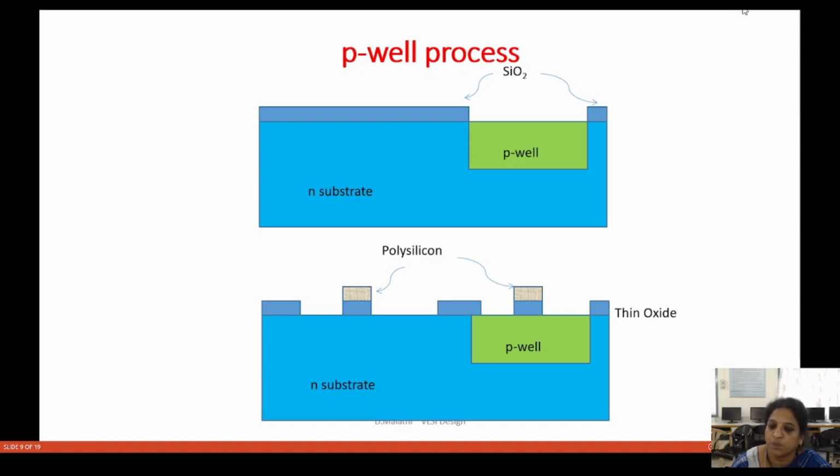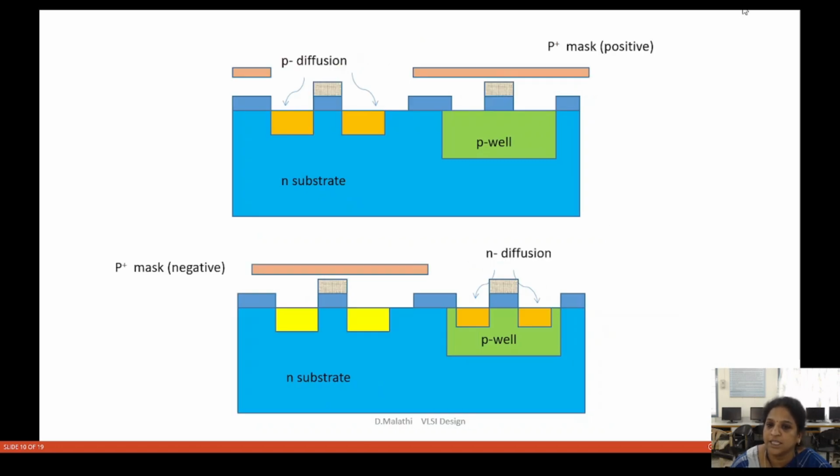After the P-well formation, a thin SiO2 layer is laid, above which a polysilicon is laid for the formation of the gate. After the polysilicon formation, a P plus mask positive is used to mask the P-well, and P-type boron material is diffused to form the P diffusion, which is used to form the source and the drain in the N-type substrate.